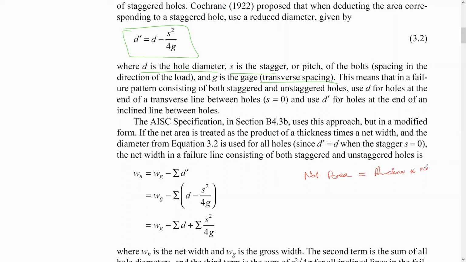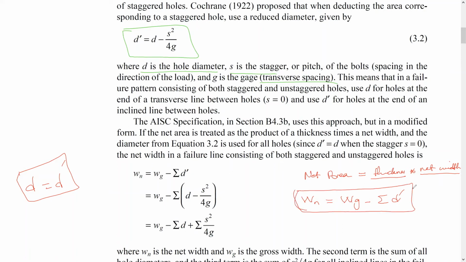If the stagger is equal to 0, meaning we have no stagger, then d prime equals the hole diameter. In this case, the net width is equal to the gross width minus the summation of d prime, since we took the thickness out. d prime, as we mentioned, is equal to d minus s squared divided by 4g, with a summation because we might have more than one.